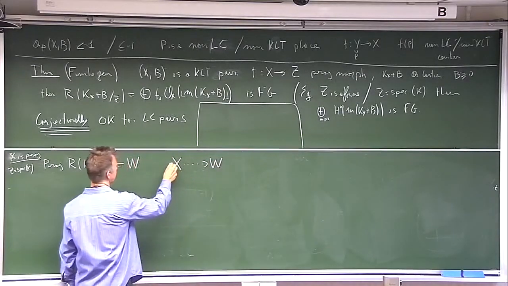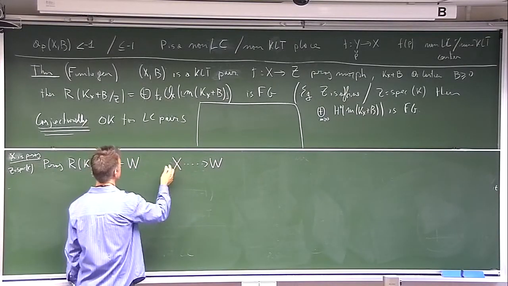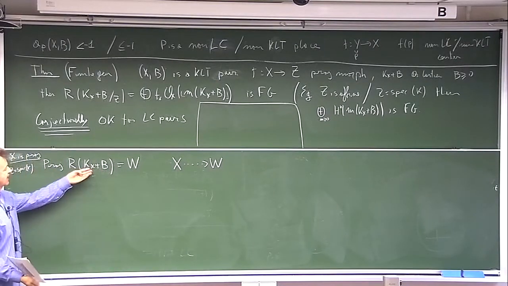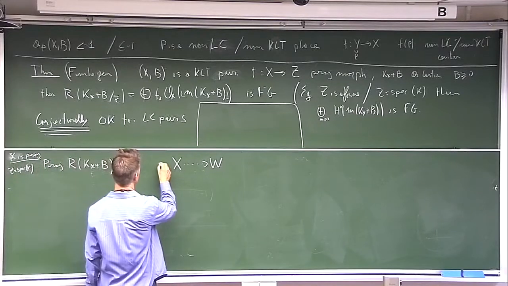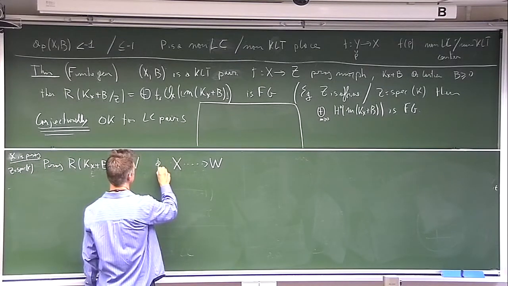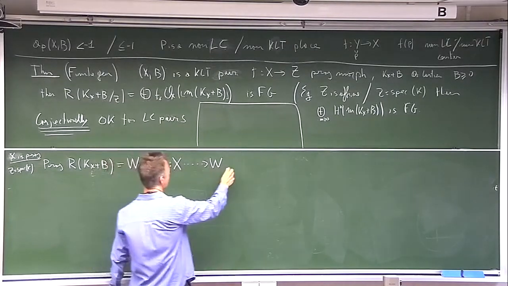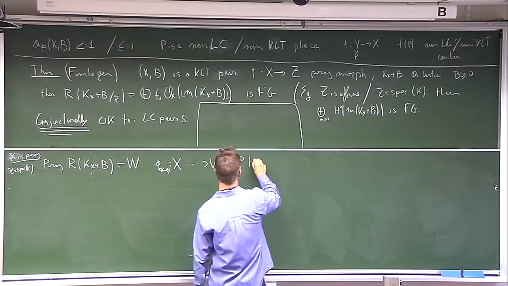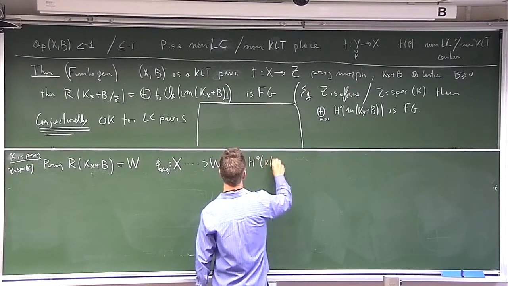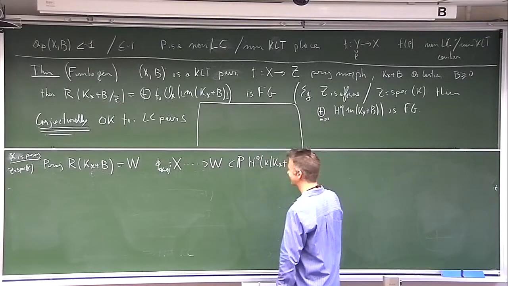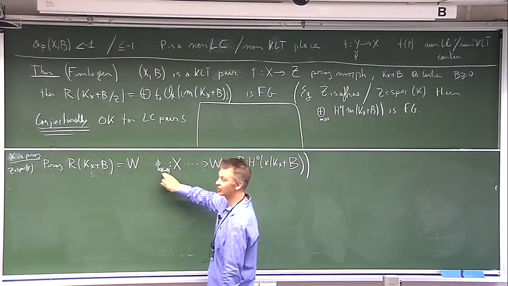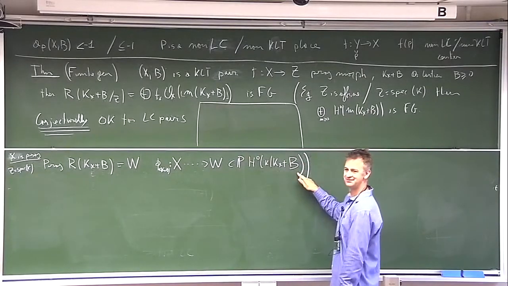This is just defined by sections of a sufficiently high multiple of K_X plus B. So that would probably, in the notation of the previous lecture, be phi of some multiple of K_X plus B. So this is the map defined by the sections. Okay, you can ignore this because it's written here.